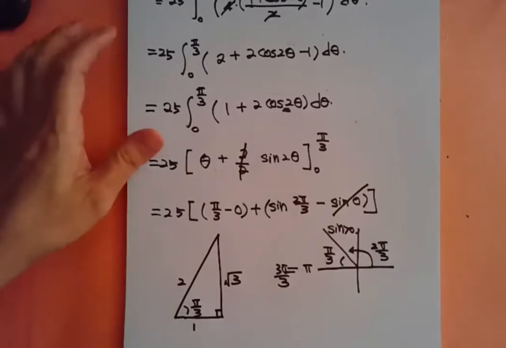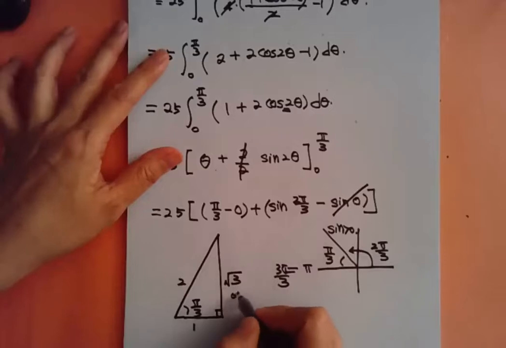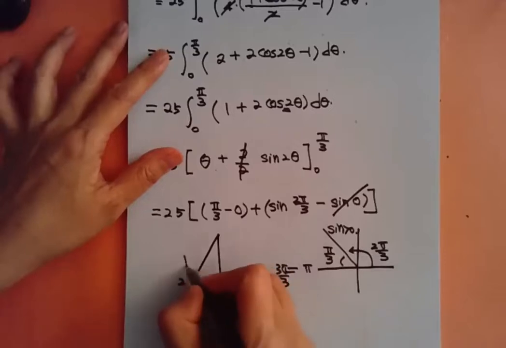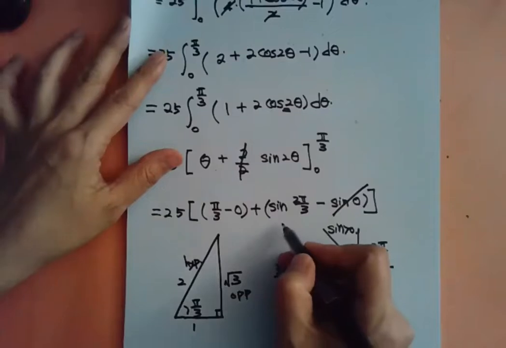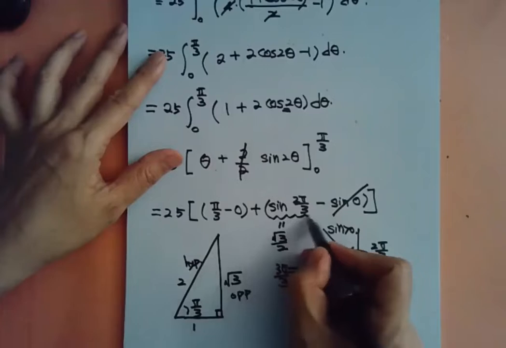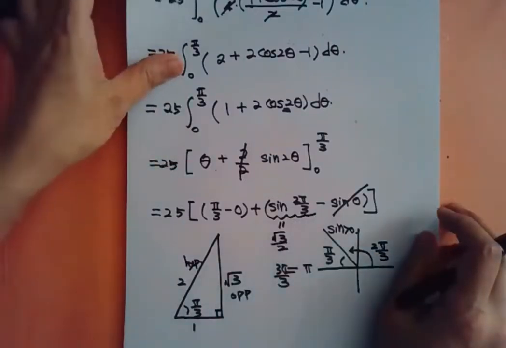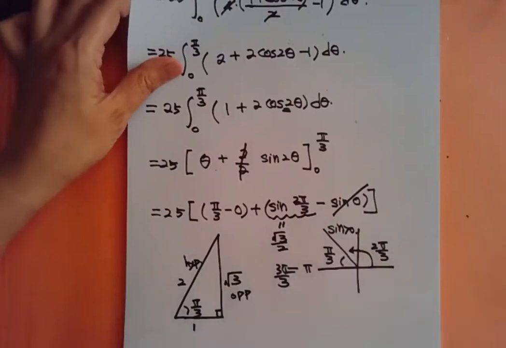This is opposite, this is hypotenuse. And so this one will be square root of 3 over 2. Right? Because that angle is positive, and so that is the same as sine of pi over 3.